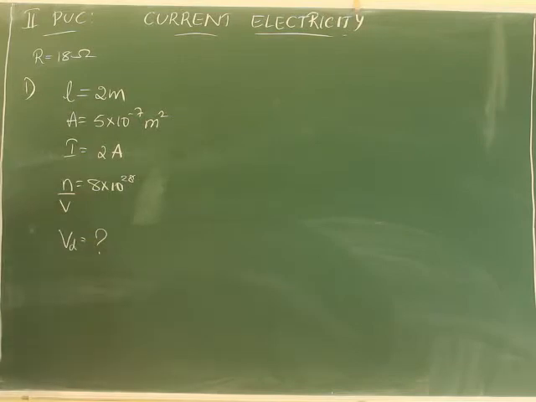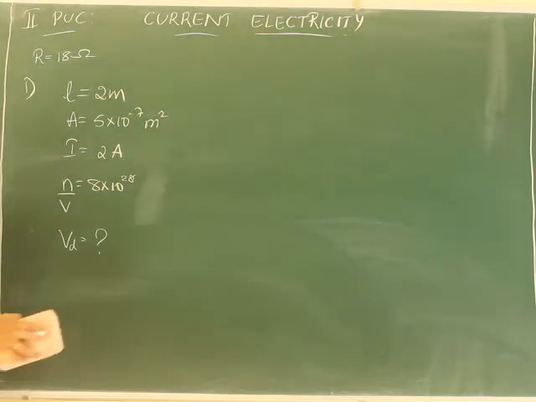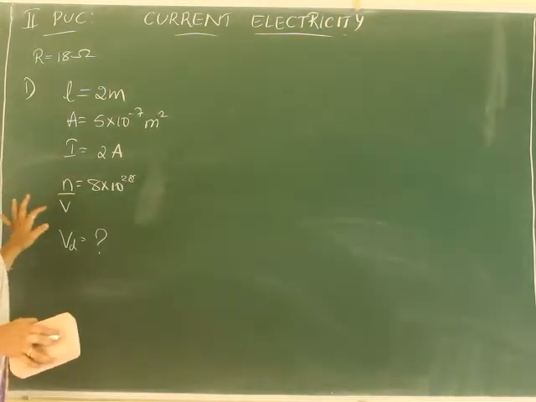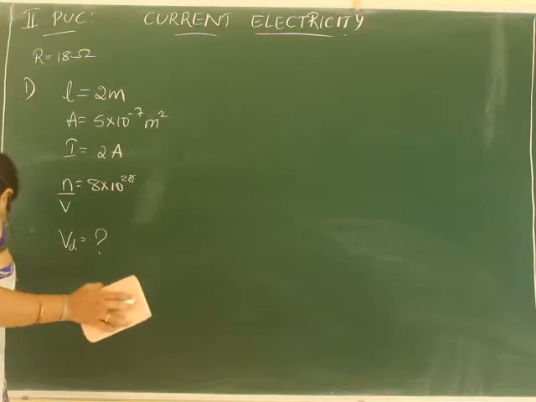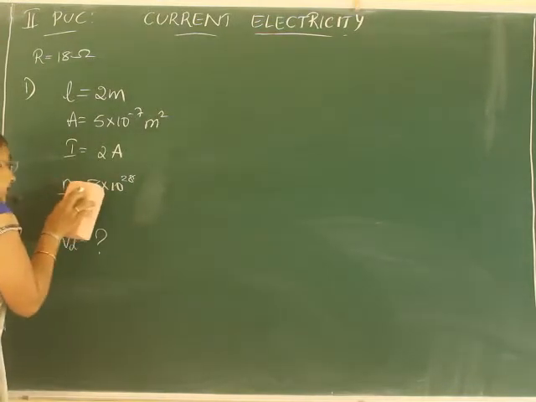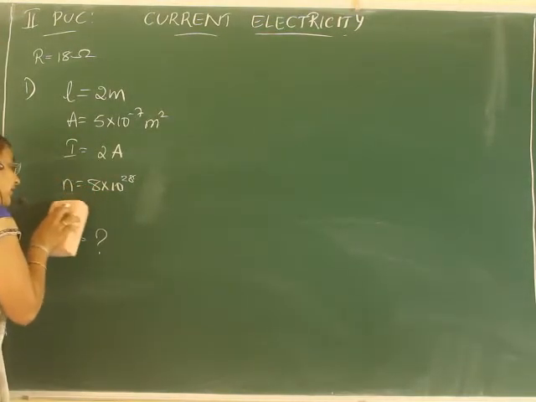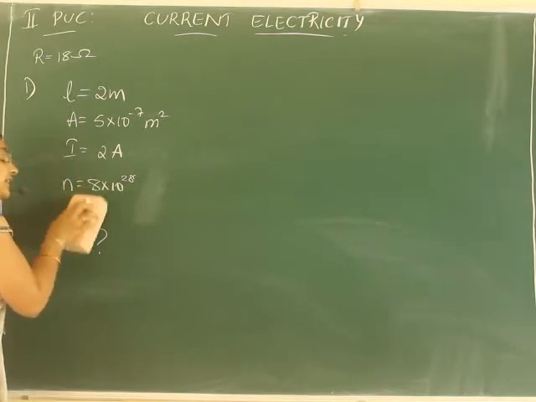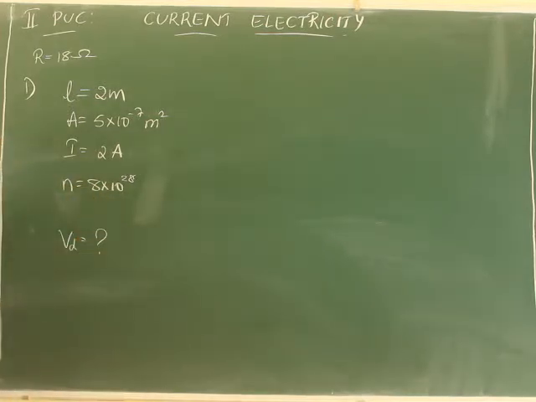How to calculate? See here, I said number of electrons per unit volume it is given, correct? So here, why I wrote this is for your reference. The N we have taken in the formula is number of molecules or number of electrons per unit volume itself. I have to calculate VD.